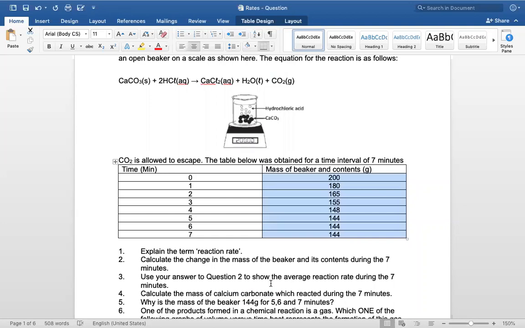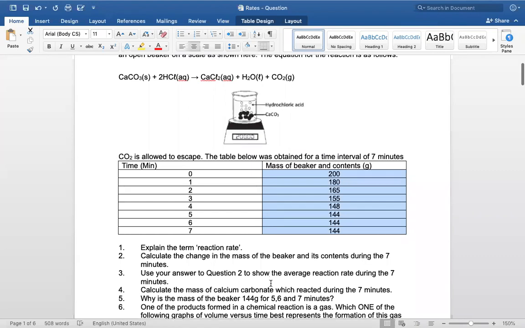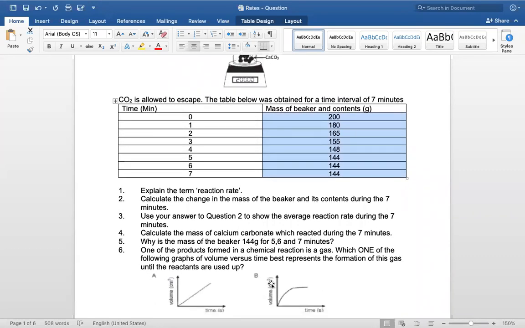The actual mass will be 56, isn't it? And your molar mass of carbon dioxide will be 12 plus 16 plus 16, which is 44. So 56 over 44 will give me 1.272 whatever. So you round off to 2 decimals. So it will be 1.27 moles.